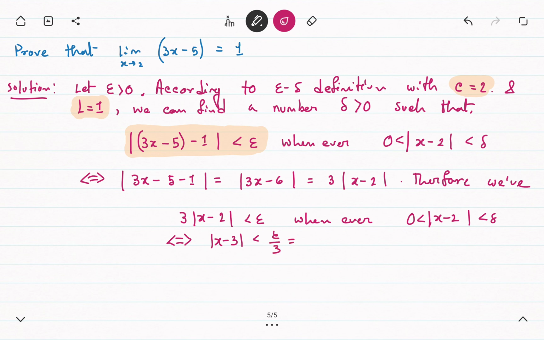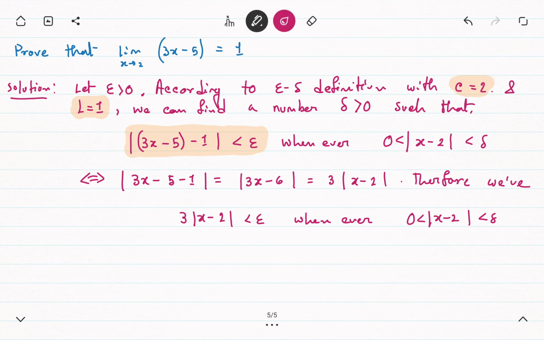So this epsilon by 3 is delta. And that's why I am saying this delta depends on epsilon, right? We will write like this; this earlier way is not the proper way to write.